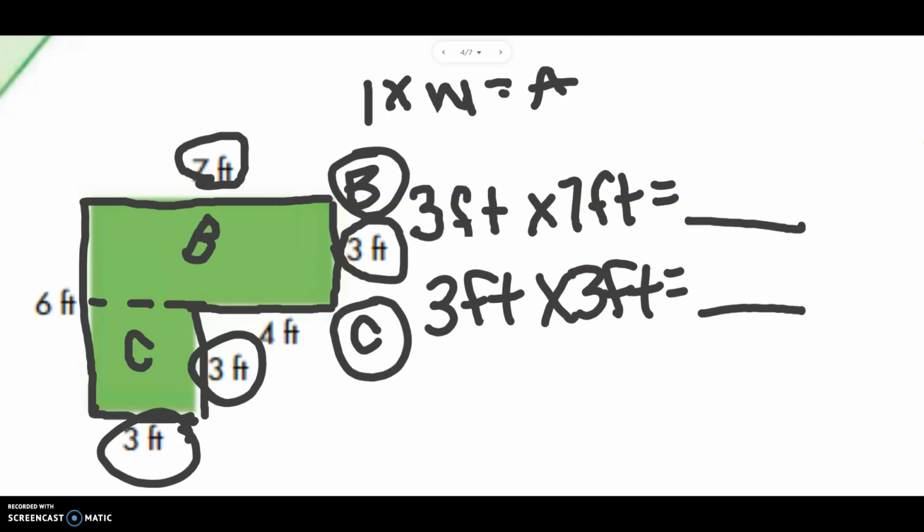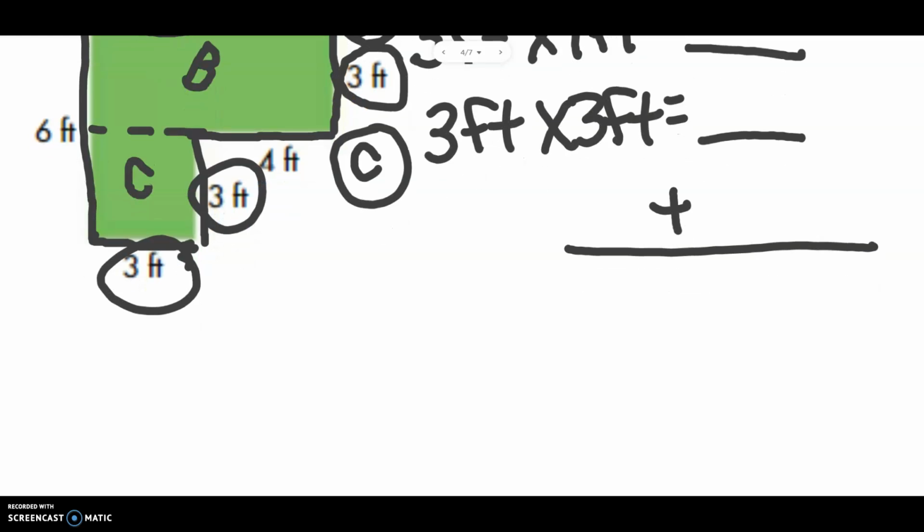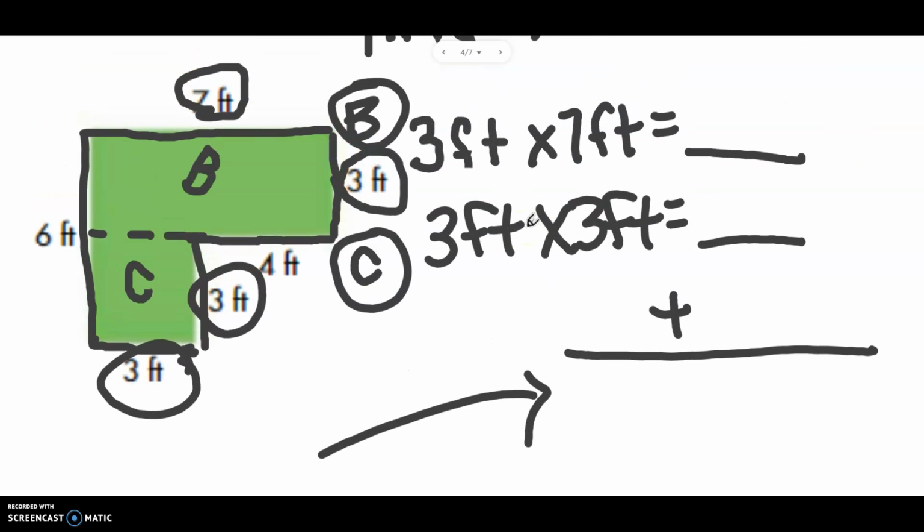Now to find the total area, I would have to add the area of B and the area of C. And then that would give me my total area. And that would be our answer. That would be how much area her desk had.